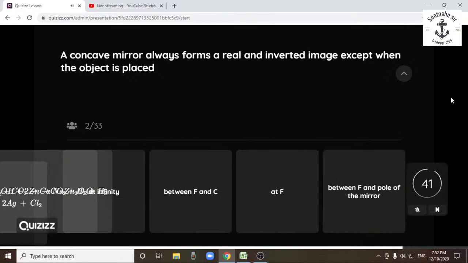A concave mirror always forms a real and inverted image except when the object is placed.